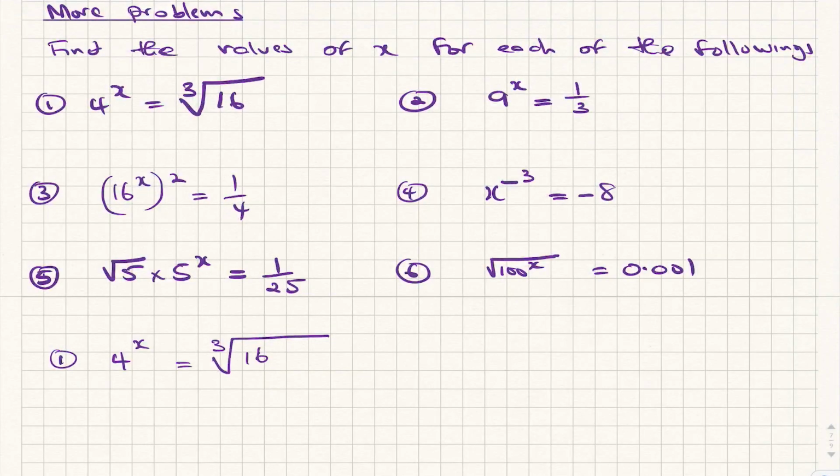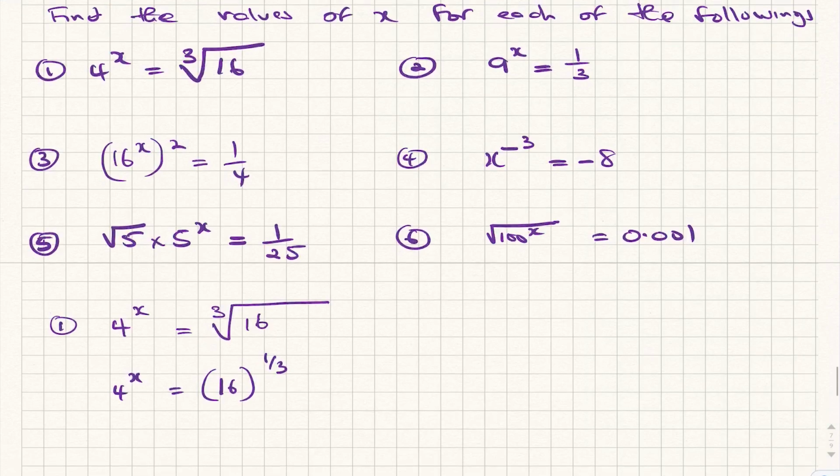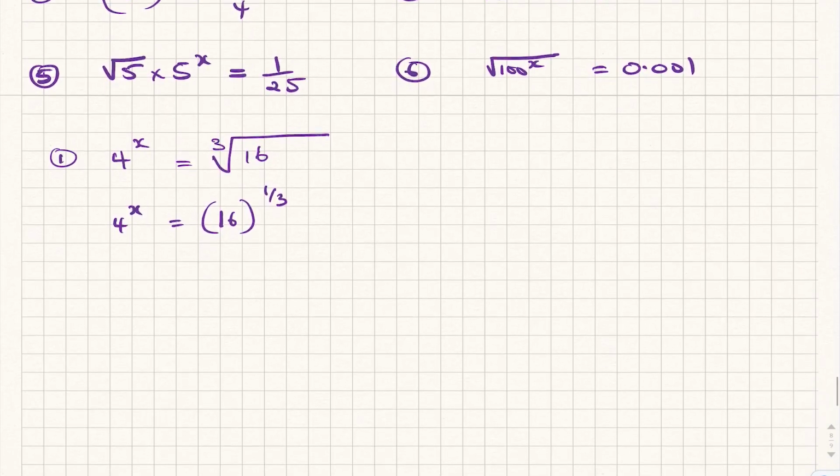The best thing to do is, because of the cube root, I need to rewrite these in terms of powers. So I'm going to do 4 to the power of x equals 16 to the power of 1/3. So that would be the best thing to do at first.